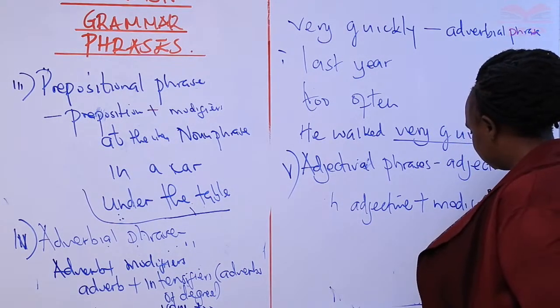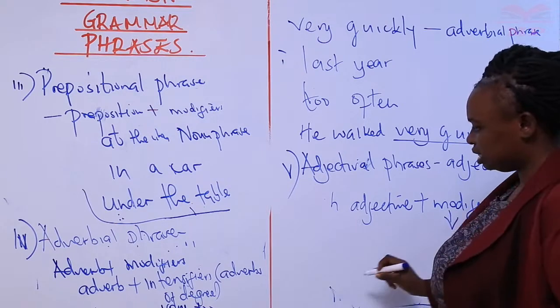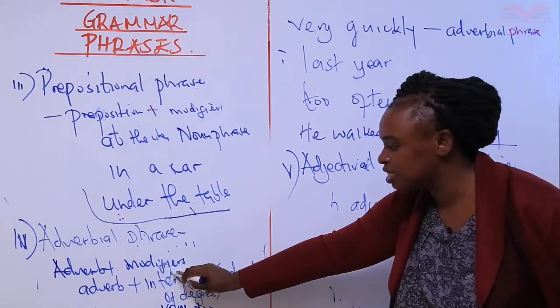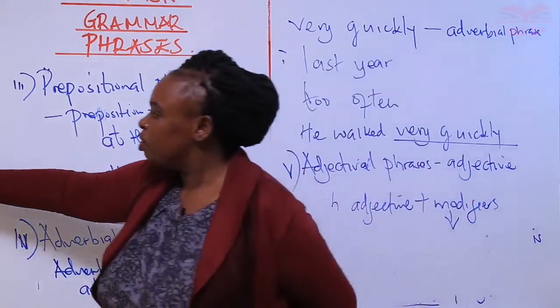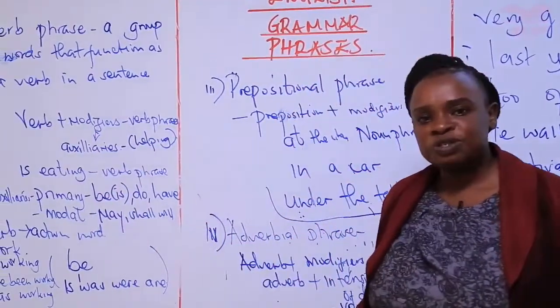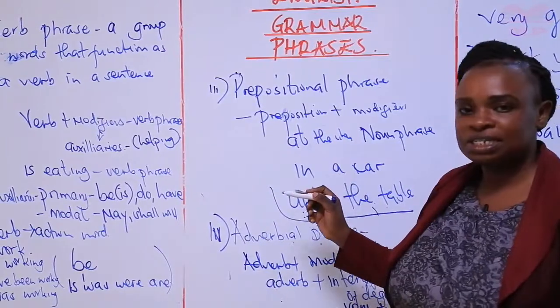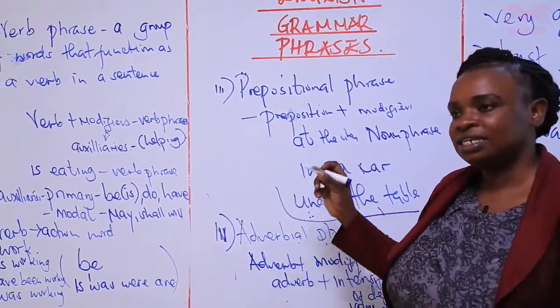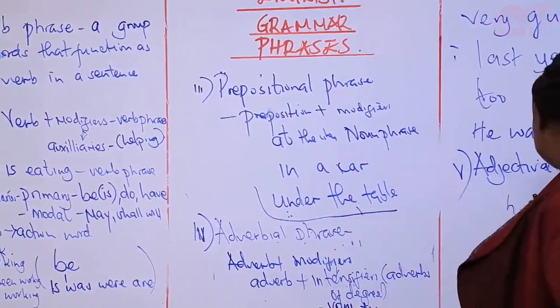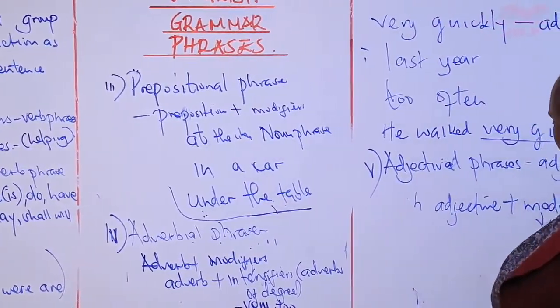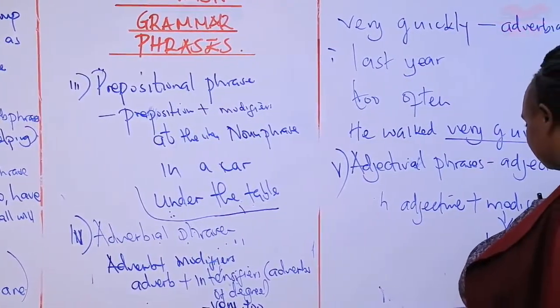The modifiers here are intensifiers. Here we say they're auxiliaries. In the noun phrase we say they're determiners, quantifiers, adjectives themselves. And here we are also including again intensifiers.